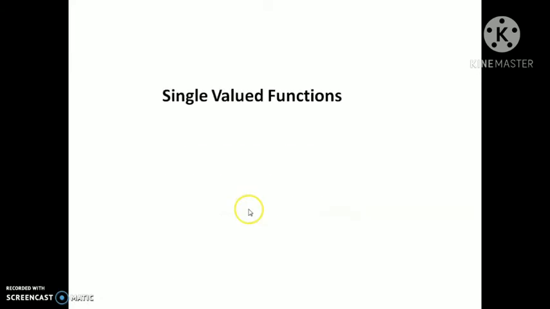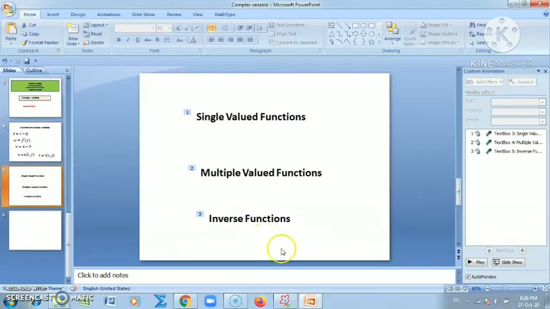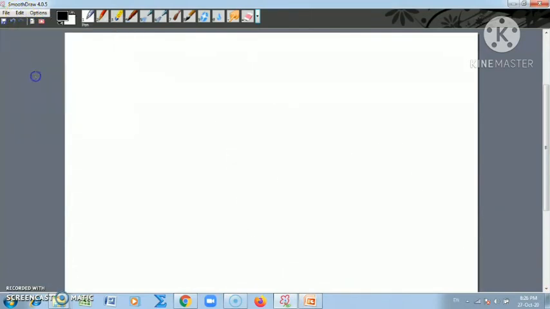We can move to single valued functions. What are single valued functions? Single valued functions, multiple valued functions. So let us see what these are.